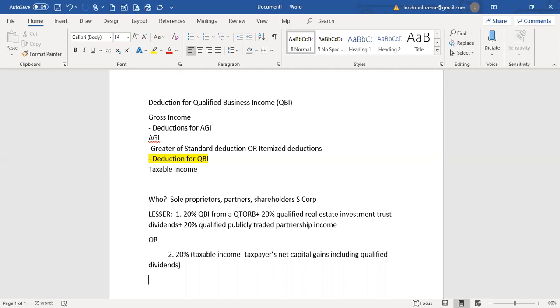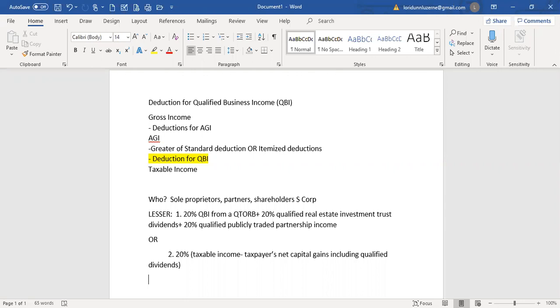No. Here's where this income limitation comes in. Investment advisory services fall within the definition of a specified trade or business, and her taxable income exceeds $213,300. Her QBI starts phasing out at $163,300, and it phases out over a $50,000 range.